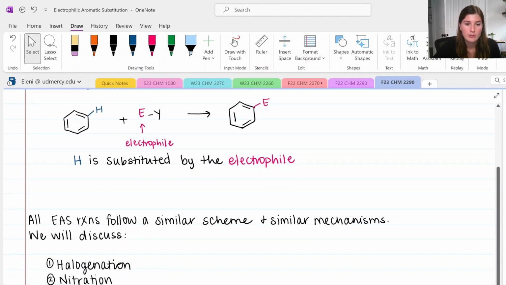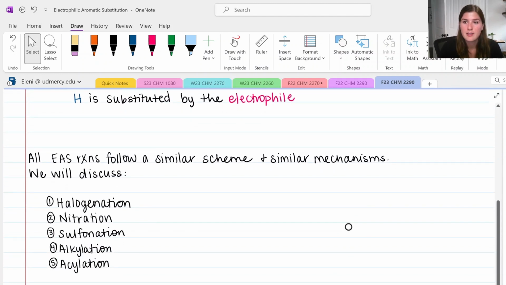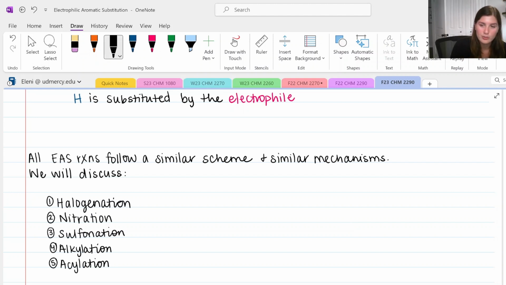I have a few notes down here. So all electrophilic aromatic substitution reactions follow a similar scheme, and they have similar mechanisms, but there are differences which we'll discuss. And we are going to discuss 5 different types of electrophilic aromatic substitution reactions.